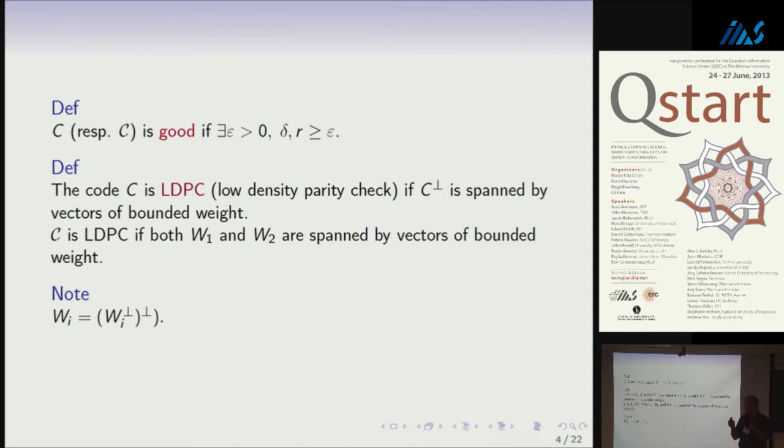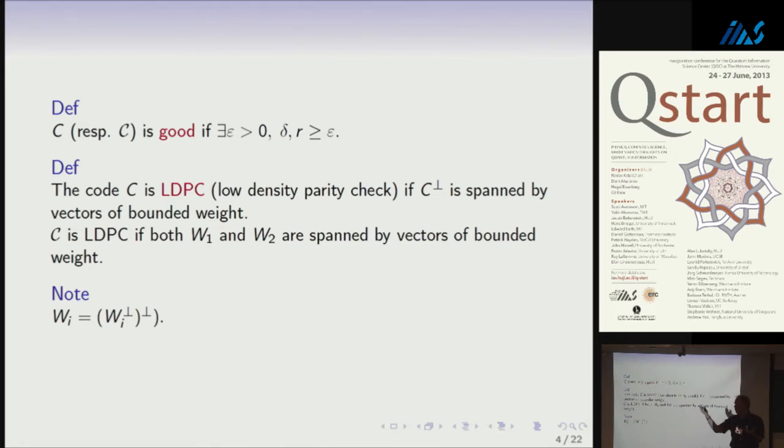You see, if you want the receiver, just think classically, the receiver is getting a message and you want to check whether this is a legitimate message. So the question is whether this is in the space. The easiest way is to check whether it is orthogonal to the complement.